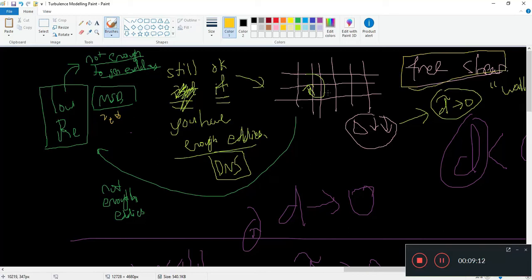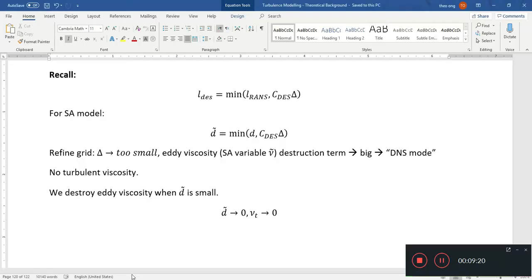So what can we do about this? Because remember, the idea is that if this filter width, this delta, approaches 0, you start behaving as if you are near the wall.